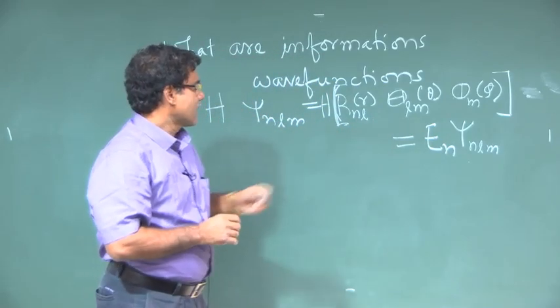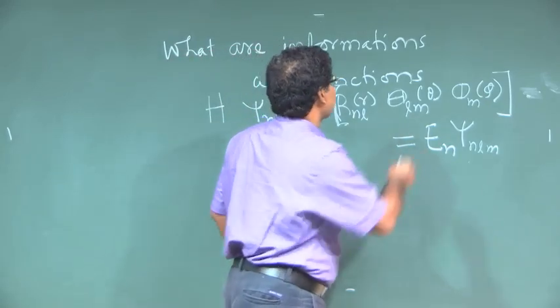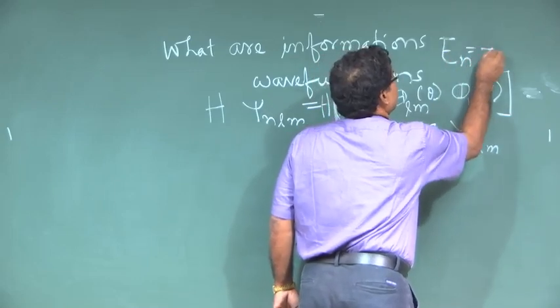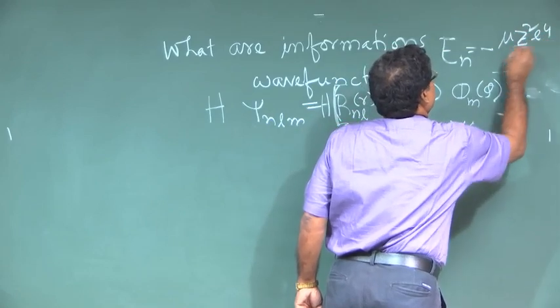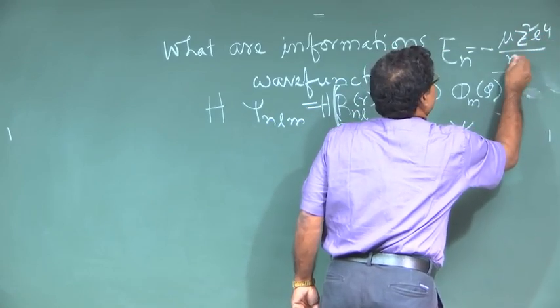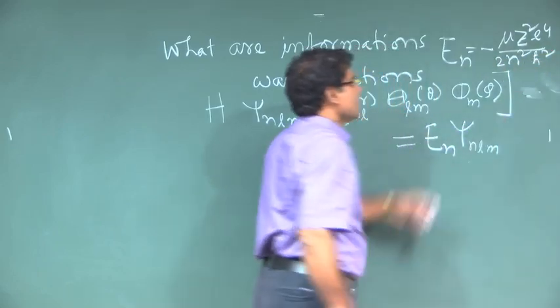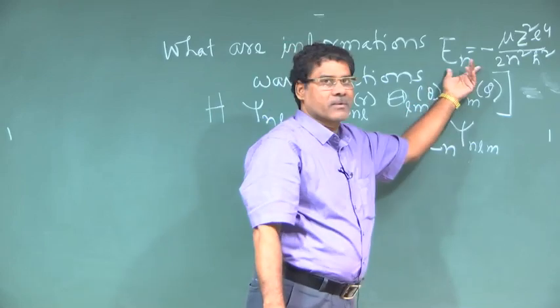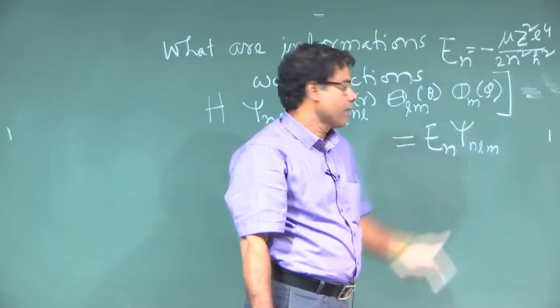So, that specific value of E n, we have seen, E n equals minus mu Z square e to the power 4 by 2 n square h cross square, okay, which is the same as we got from the Bohr model.